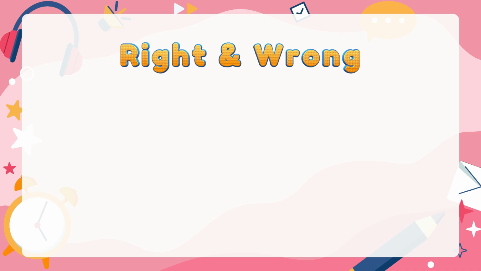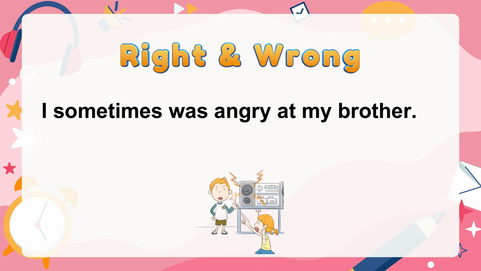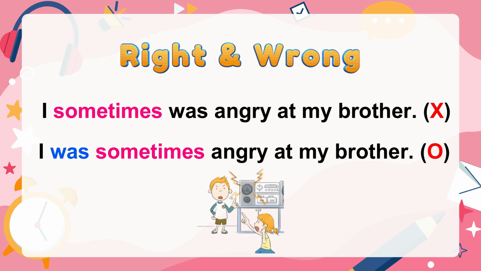The last one says, I sometimes was angry at my brother. Sometimes should come after the be verb. The correct sentence is, I was sometimes angry at my brother.